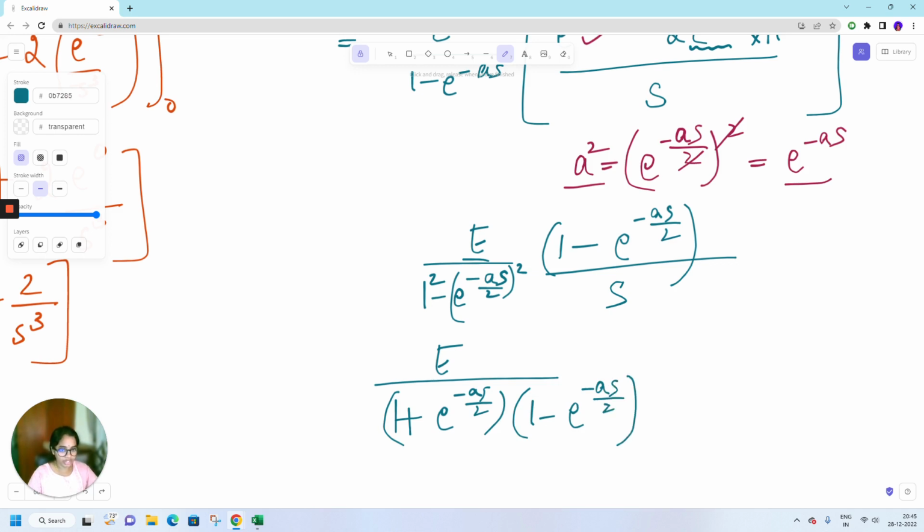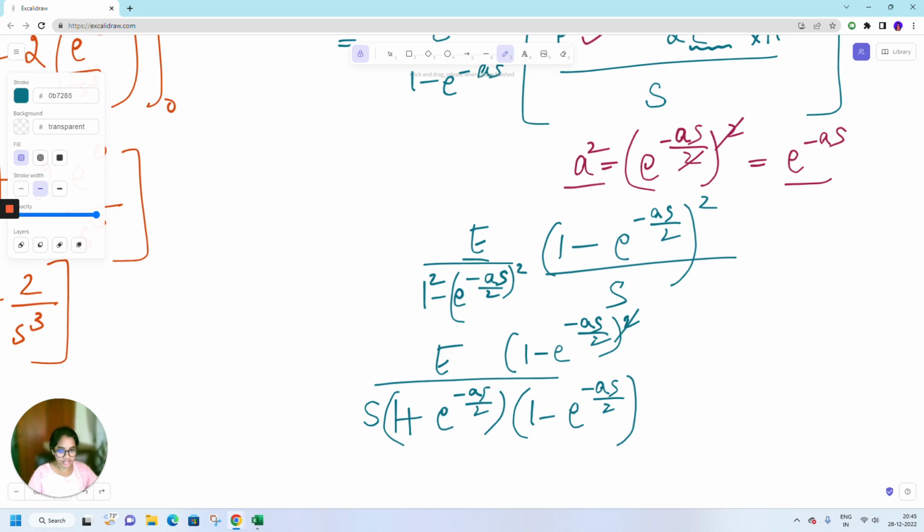Okay. What do we have in the numerator? We have e power minus s divided by 2 into s. Clearly these both get cancelled. We have a square here, so one of the terms gets cancelled, because it is a minus b the whole square, right?